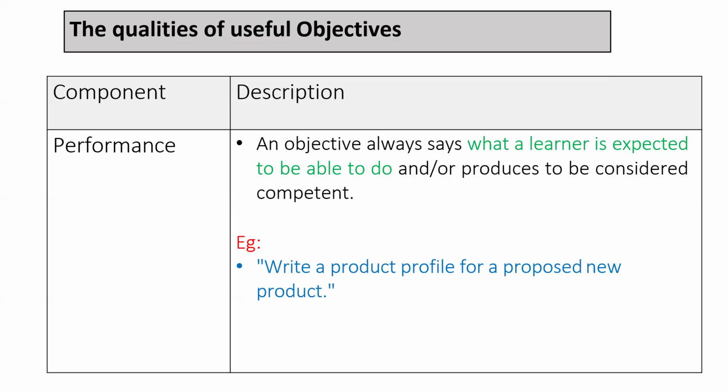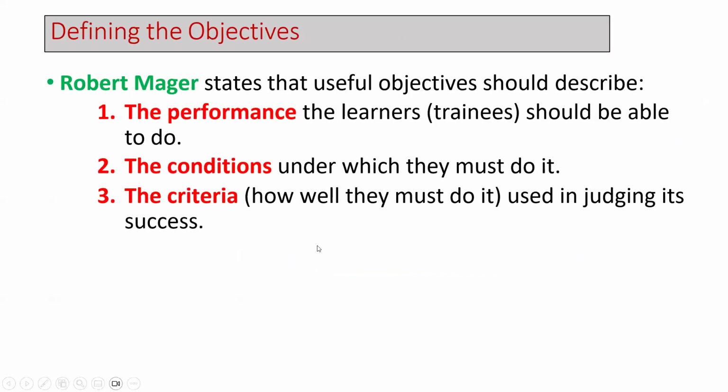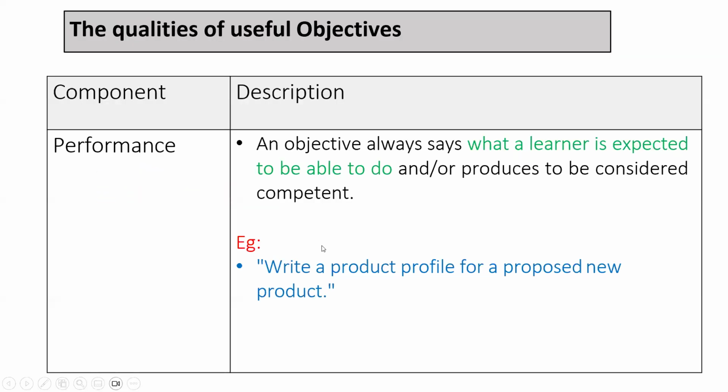Then in a training program of, let's say, writing a product profile, the training program can simply be designed based on this. Write a product profile for a proposed new product. That is the performance objective. In the objective, basically, your performance is reflected.